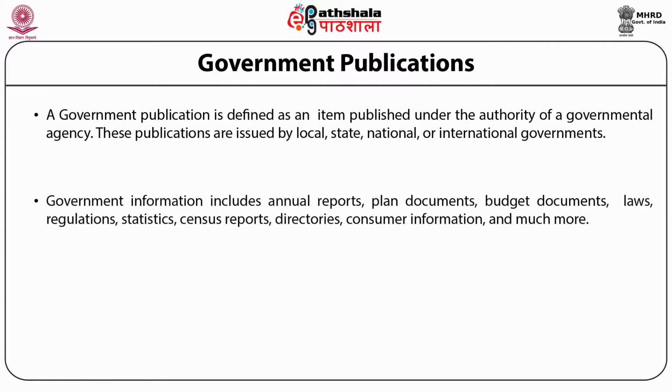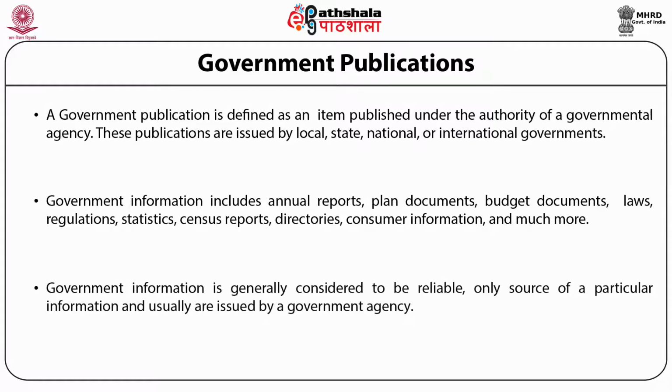Government information includes annual reports, plan documents, budget documents, laws, regulations, statistics, census reports, directories, consumer information, and much more. Government information is usually considered to be highly reliable as it is the only source of a particular information and it is usually issued by a government agency.